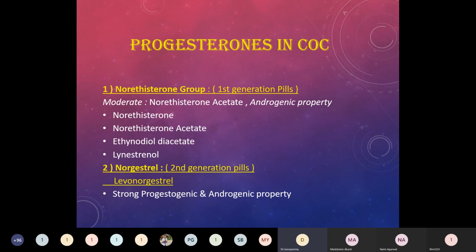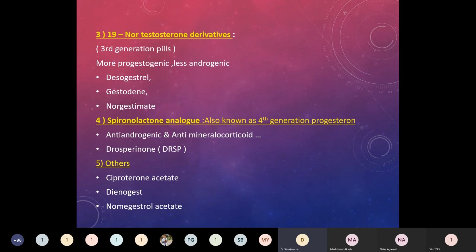The first generation contains norethisterone, norethisterone acetate, ethynodiol diacetate, and lynestrenol. The second generation contains levonorgestrel. The third generation contains the better ones: desogestrel, gestodene, and norgestimate.